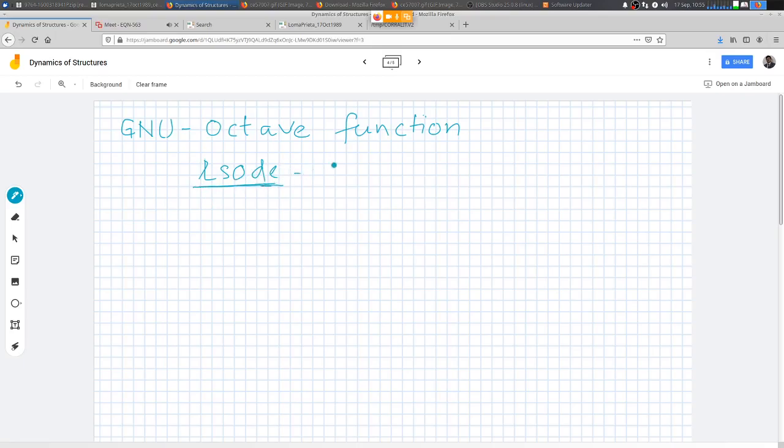So it solves the initial value problem, or rather I would just say first order differential equation.